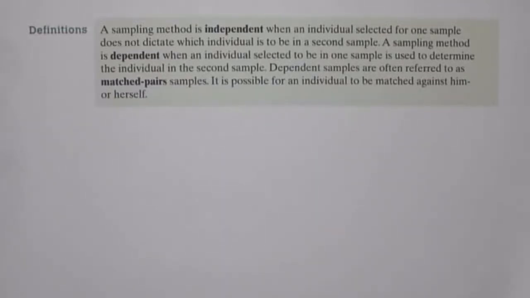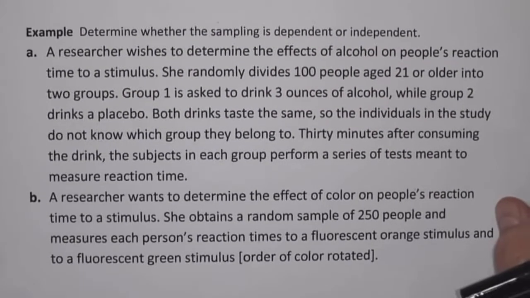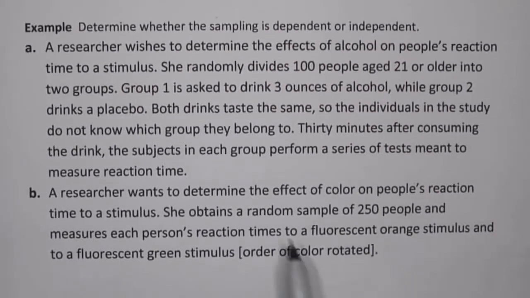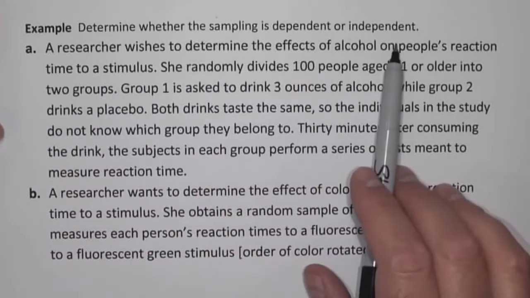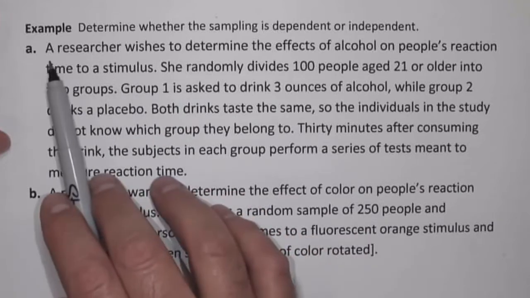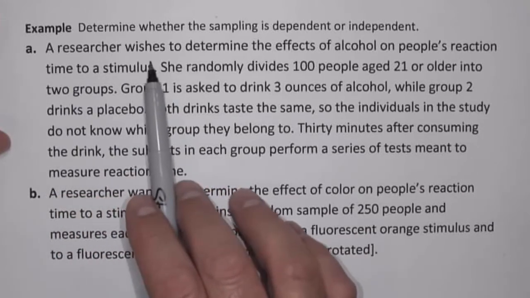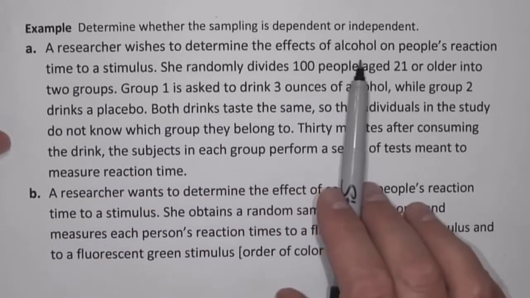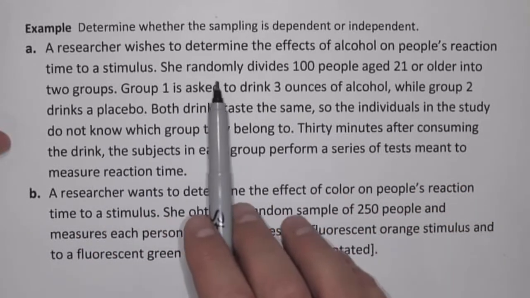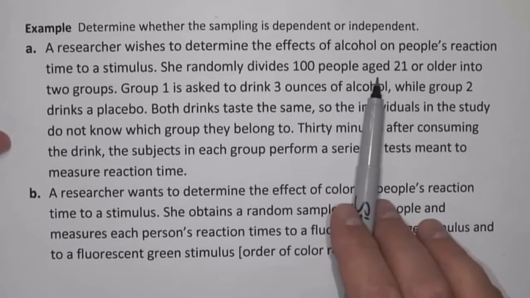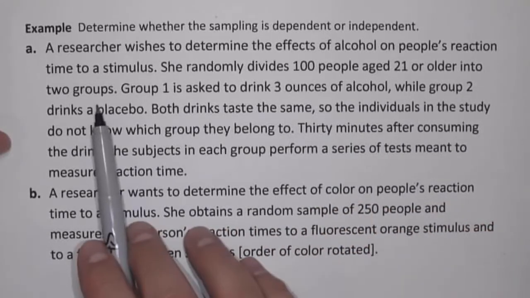So let's begin by looking at an example. Determine whether the sampling is dependent or independent. A researcher wishes to determine the effects of alcohol on people's reaction time to a stimulus. She randomly divides 100 people aged 21 or older into two groups.